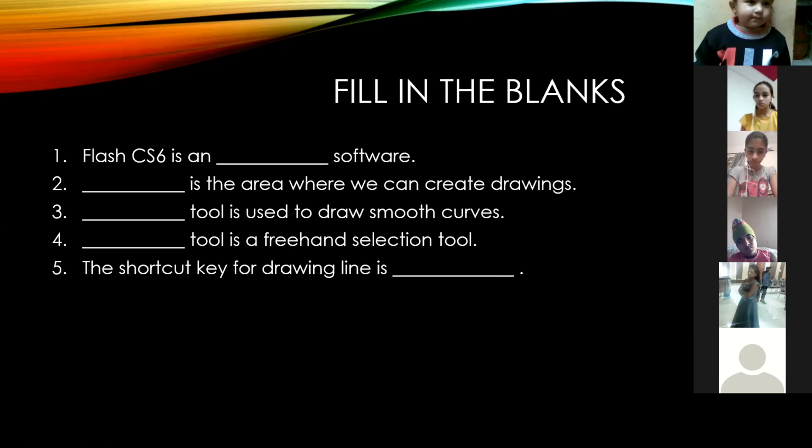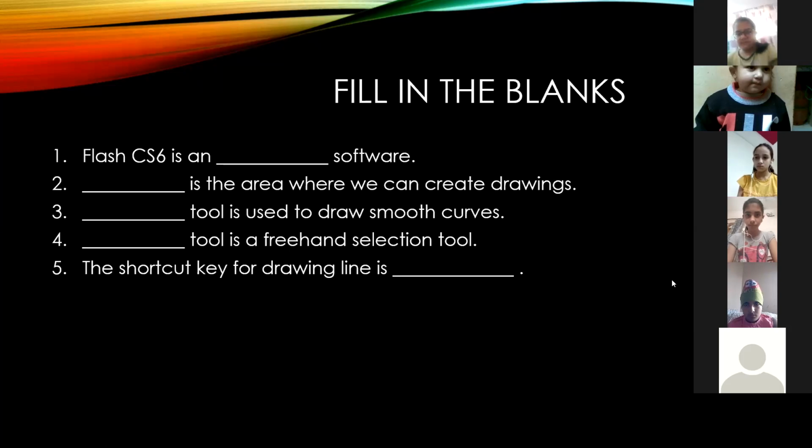Ma'am, presentation software. In the book Jasmine, you have been given the options for this exercise. I think there is no option of presentation in that hint. The correct answer is animation. Flash CS6 is an animation software. Clear?